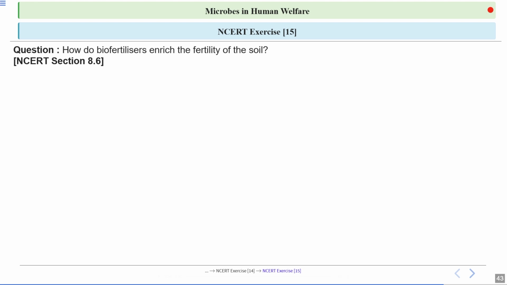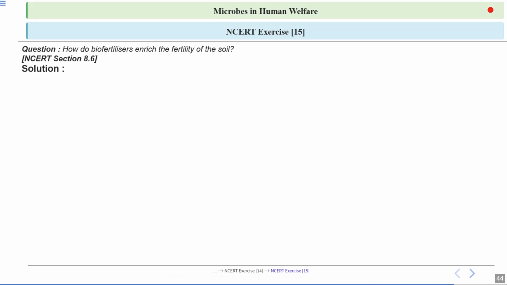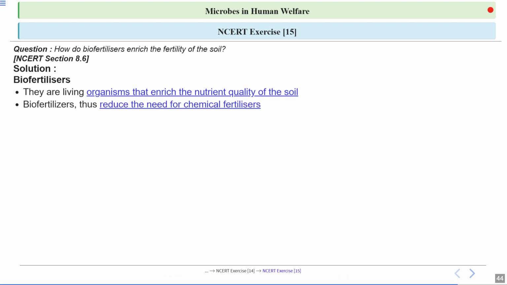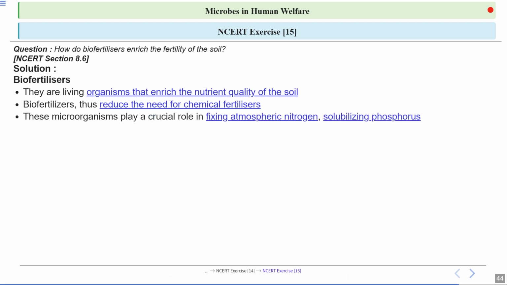Next question: how do biofertilizers enrich the fertility of the soil? Let's have a look at the answer. Biofertilizers are basically living organisms that enrich the nutrient quality of the soil. These biofertilizers can reduce the dependency on chemical fertilizers which are toxic and degrade the environment.